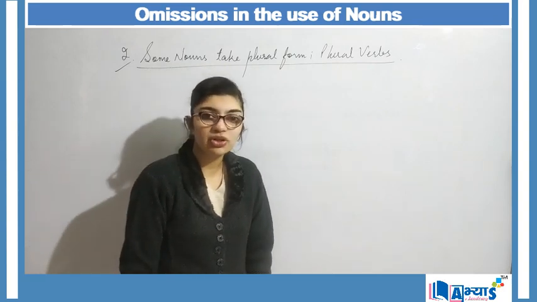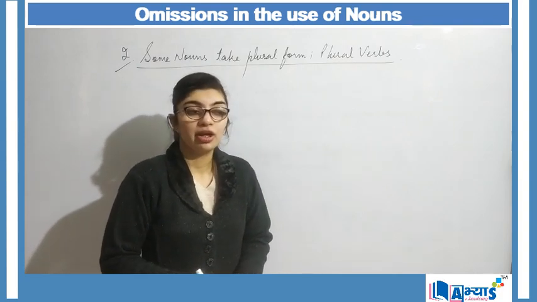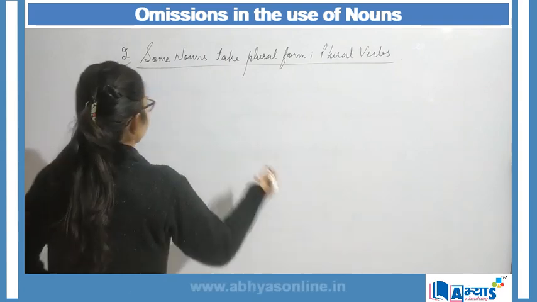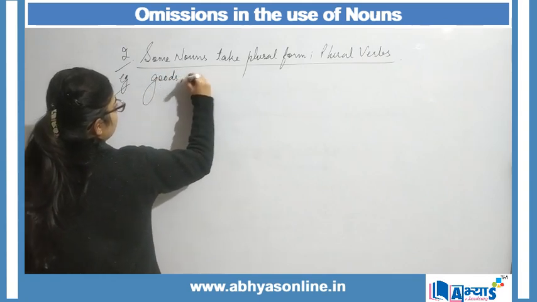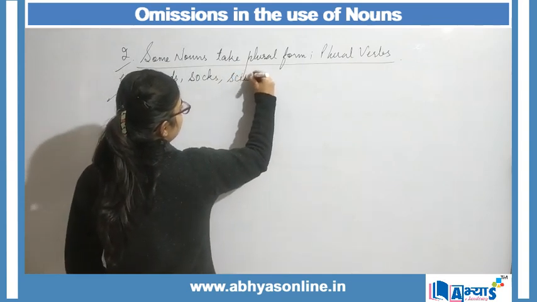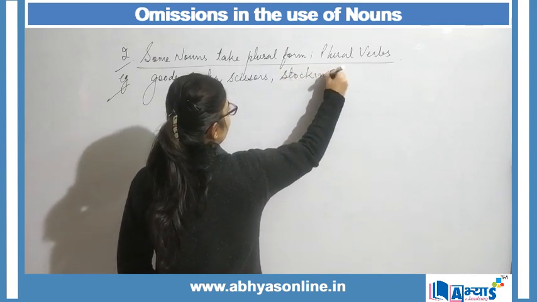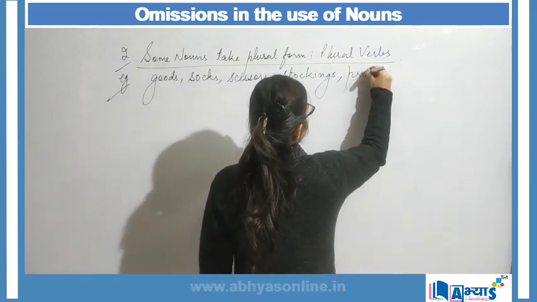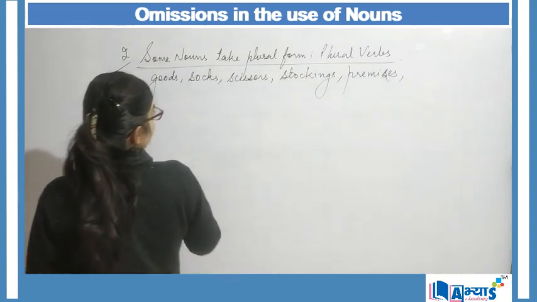Some examples of those plural nouns can be shorts, jeans, scissors, goods, stockings, socks, shoes. So examples are goods, socks, scissors, stockings, or I can say premises, then shorts.